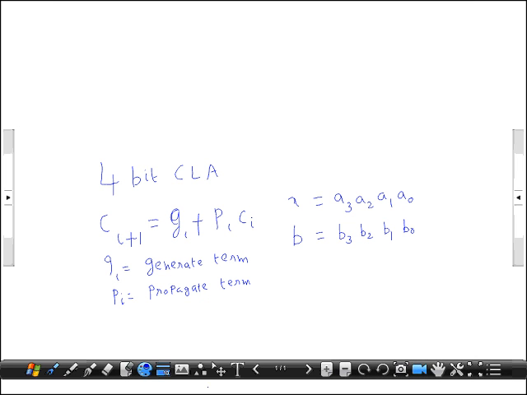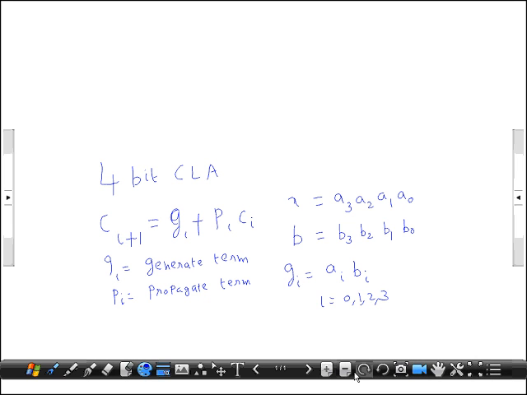The generate term Gi is simply Ai into Bi. In this case, i is equal to 0, 1, 2 and 3, since we are considering two 4-bit additions.